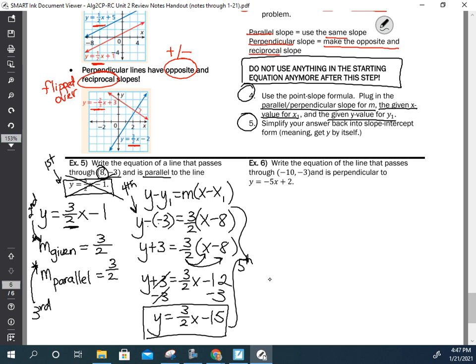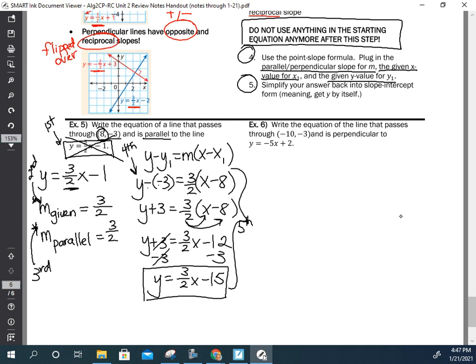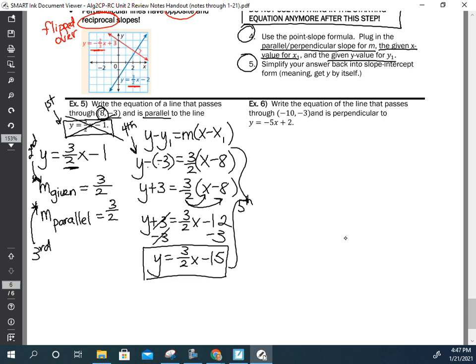Now, perpendicular. Write the equation of the line that passes through (-10, -3), and it's perpendicular to y equals -5x plus 2. So, same process here.